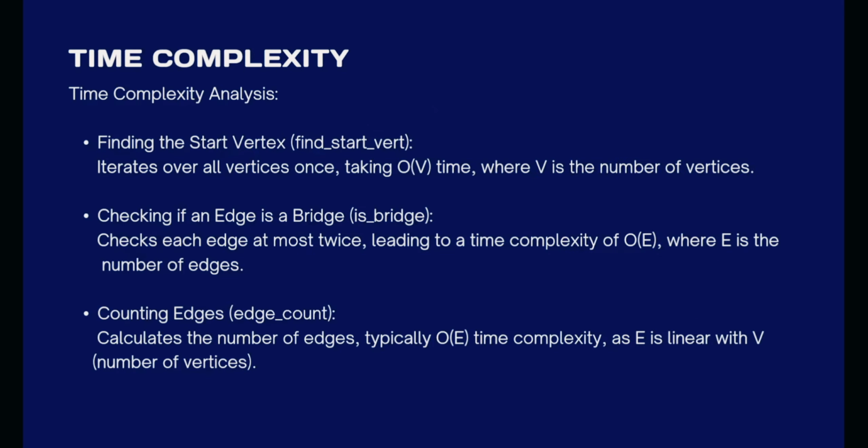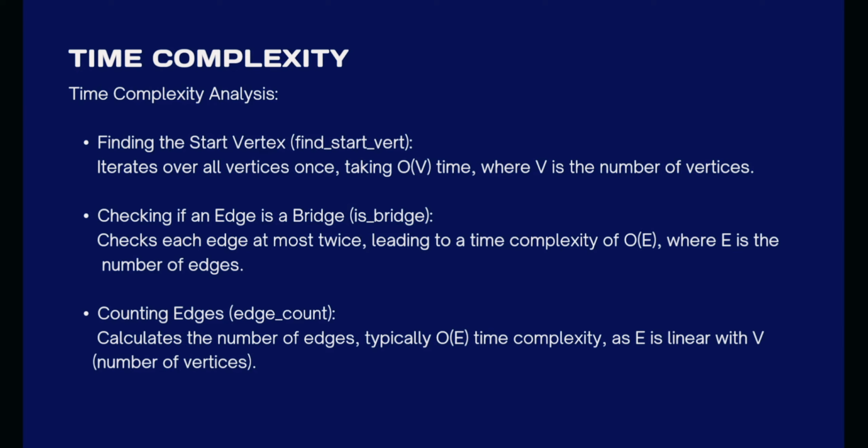And next, coming to the time complexity analysis. Now let us see the time complexity of each function. The first function, finding the start vertex, takes big O of v time. And the next function, checking if an edge is a bridge, takes big O of e time, where e is the number of edges and v is the number of vertices.